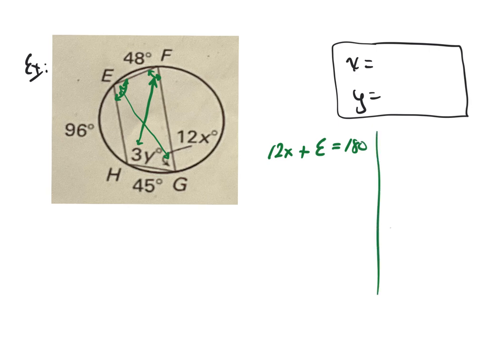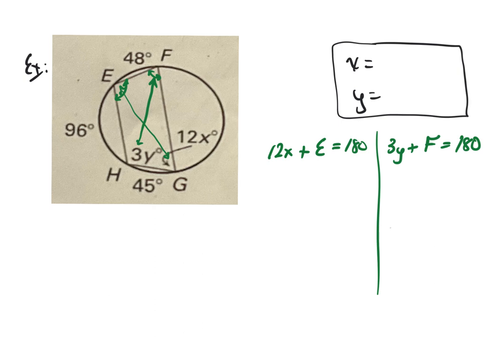And also 3y, which is the measure of the angle at H, plus F, the angle directly opposite, has to add up to 180 degrees. Okay, we know those opposite angles have to add up to 180. That's what the theorem says. But our issue is we don't know what E is. We don't know what F is. So we have a little bit of extra work.